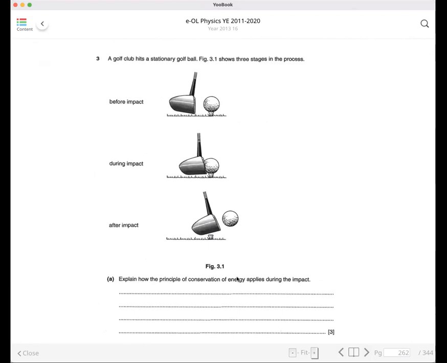Before I skip this question, let me just explain what's the meaning of principle of conservation of energy. Principle of conservation of energy means that no energy is created or destroyed. So energy is only converted from one form to another.